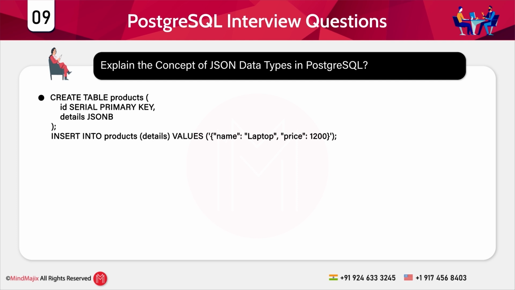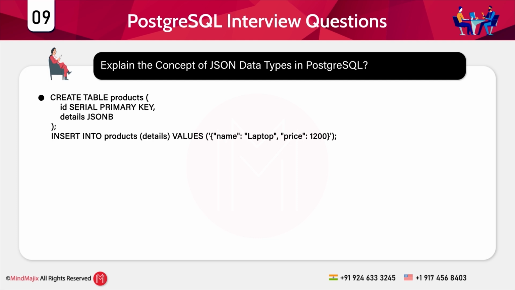And now while inserting values in this particular table, we are using the insert query, like INSERT INTO products, which is our table, details, and we are providing the values. In the details column, we are providing name and price.